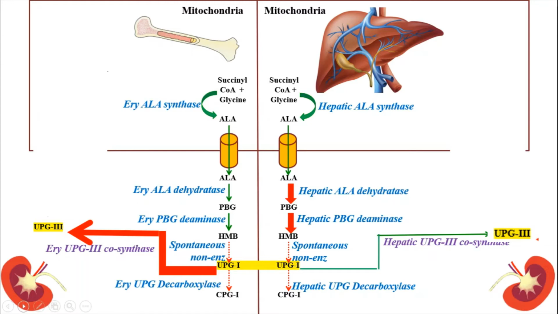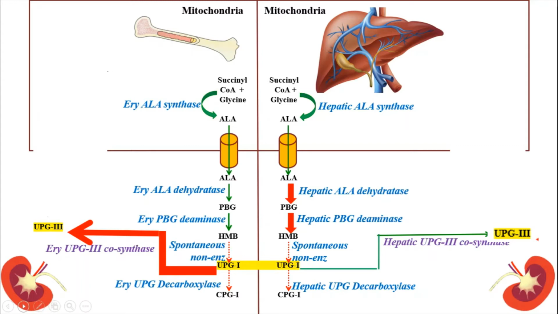The defective enzyme is erythropoietic UPG3 co-synthase or synthase, either deficient or defective, resulting in excessive UPG1 level in erythropoietic tissue, which can't be converted into UPG3 there. So they come out in systemic circulation, convert into CpG1.